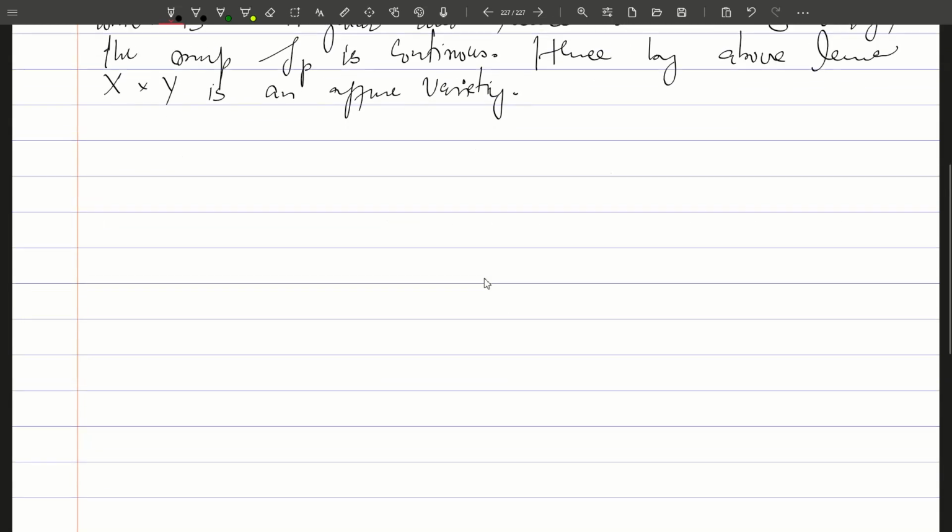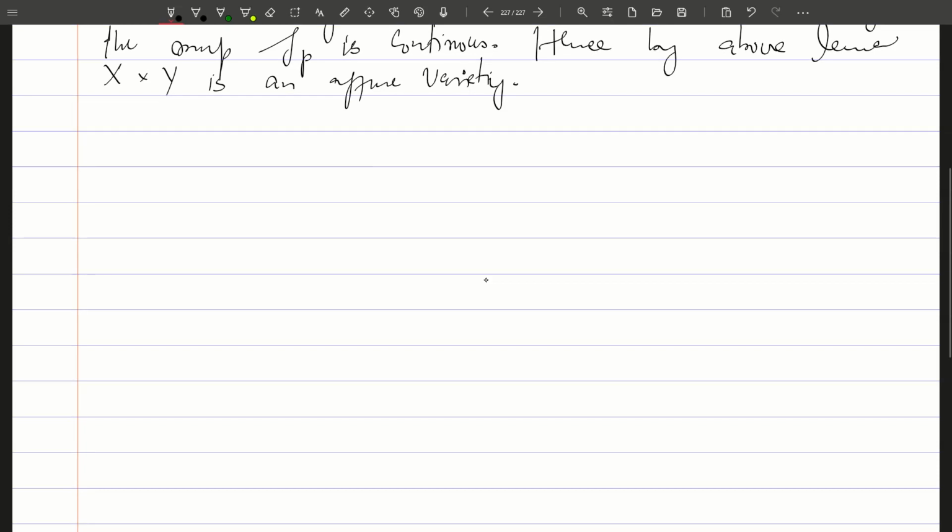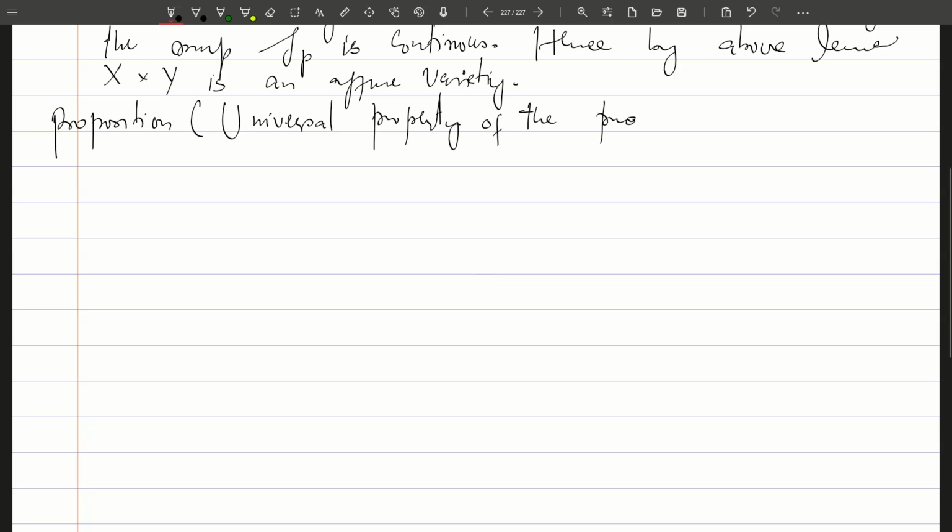Now let us prove the universal property of the product. So we have this proposition. This is called the universal property of the product. It says that, let X in A^n and Y in A^m be affine varieties.